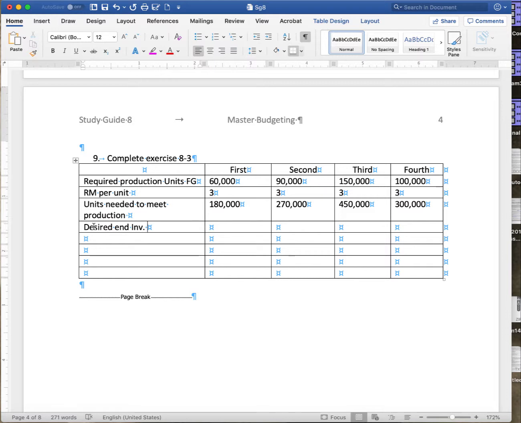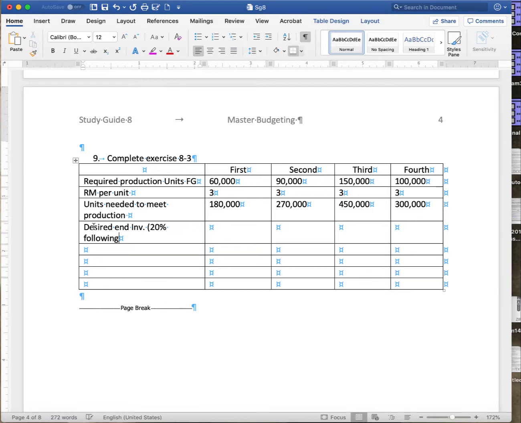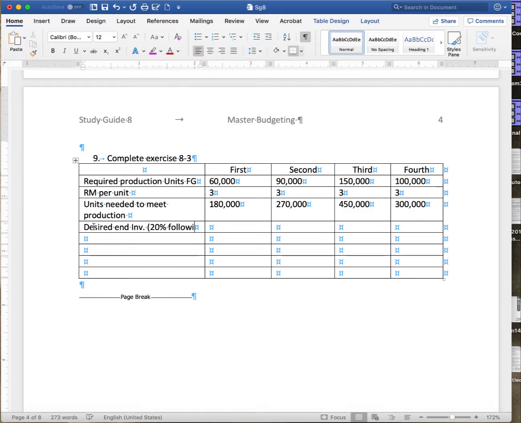So I'm going to say 20% follow, meaning following months. From there, that gives me the total needs, or the total RM needed.